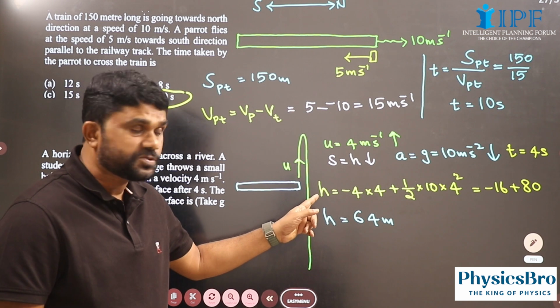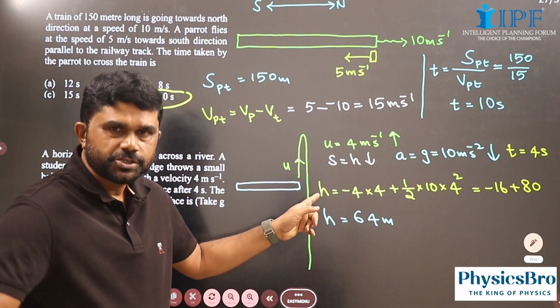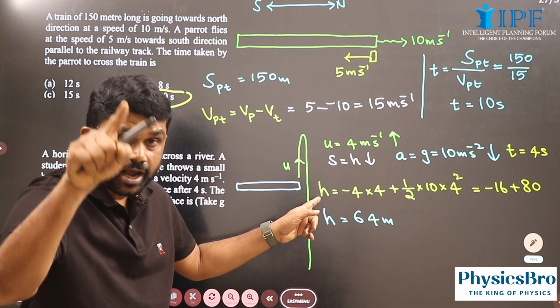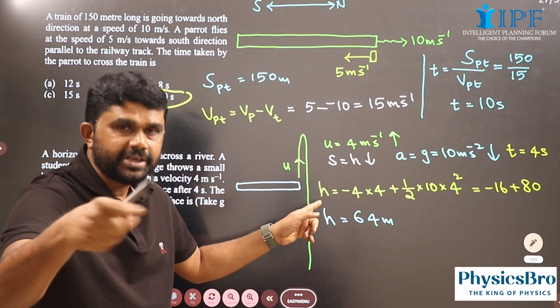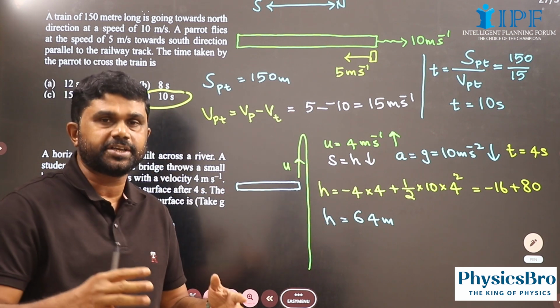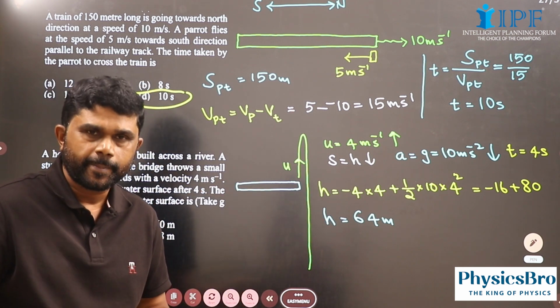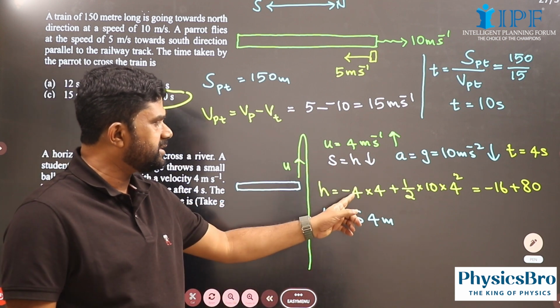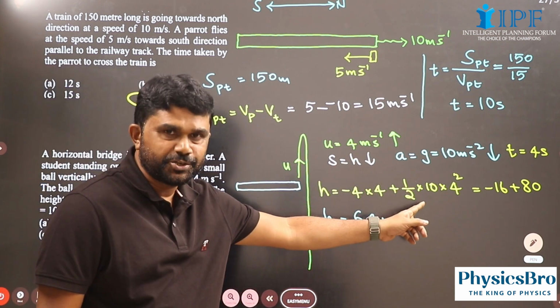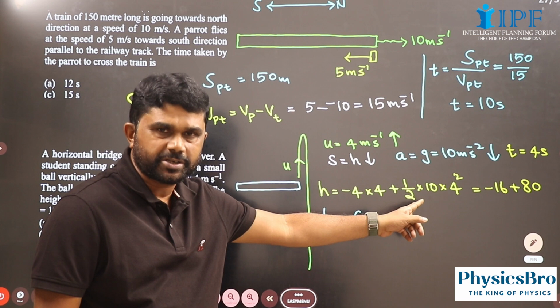So downward displacement I have taken positive. So all the quantities directed up should be taken as negative in this particular case, because I have already chosen downward direction positive. So upward velocity I have taken negative, acceleration due to gravity downwards, so it should be positive.